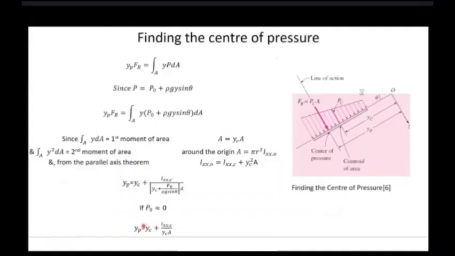Now that there is this equation here. So what does that actually tell me? If we want to calculate where the centre of pressure is, we just take the distance to the centroid and add the second moment of area relative to the centroid, divided by the distance to the centroid times the area.